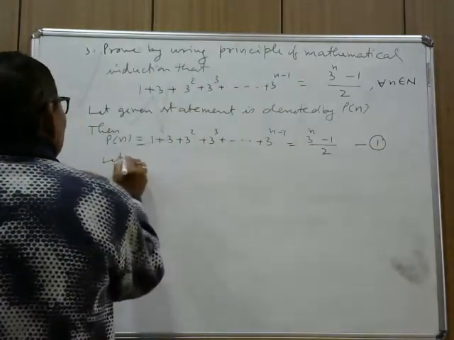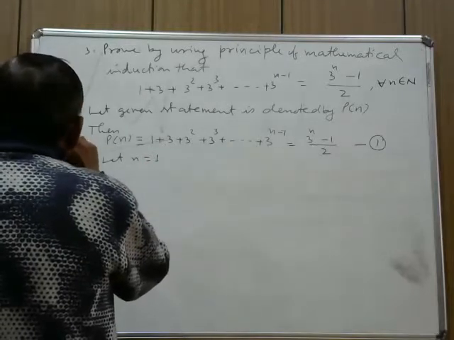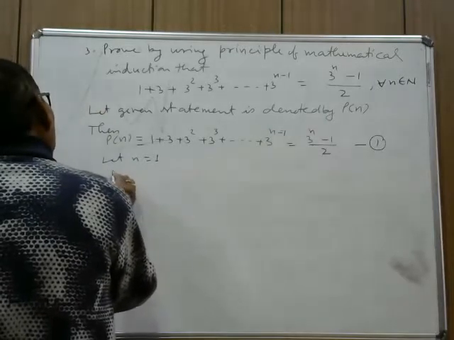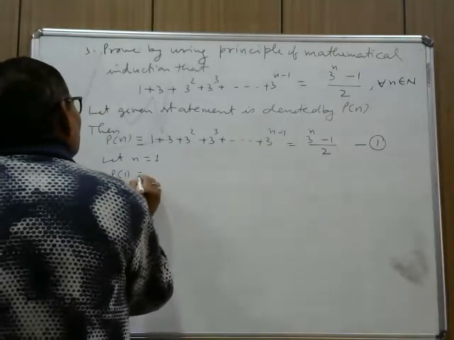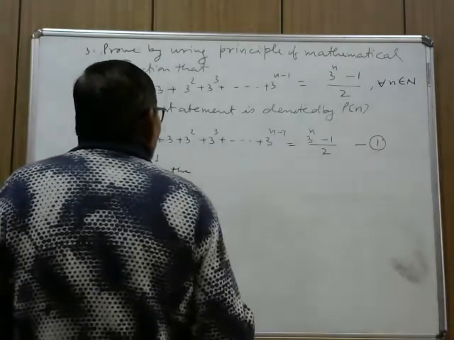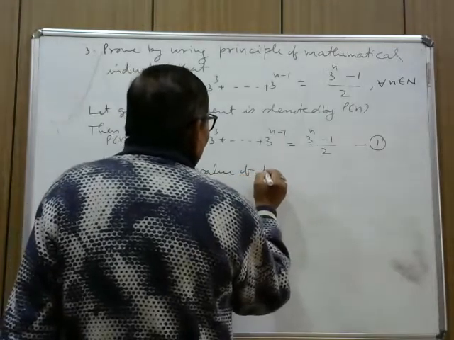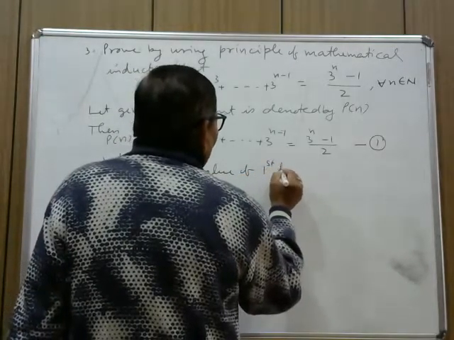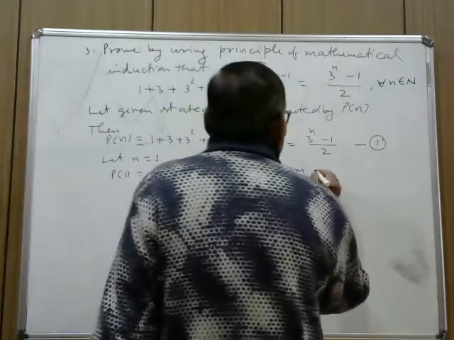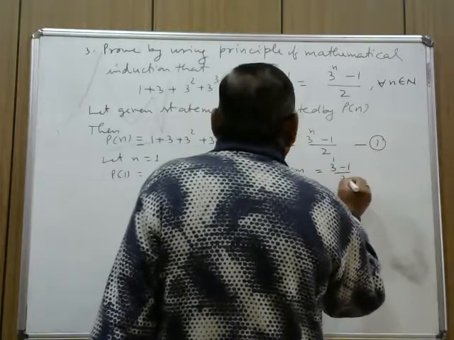Let n equal to 1. This is the basic step in which we are going to prove Pn is true for n equals 1. So your P1 is the value of the first term, and that is the same as 3 to the power 1 minus 1 by 2.